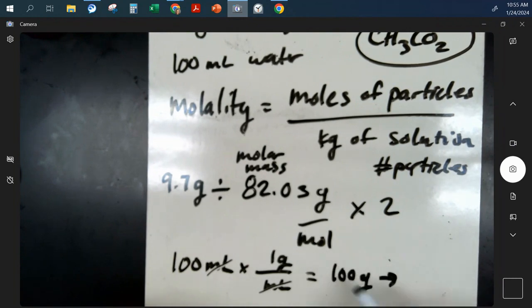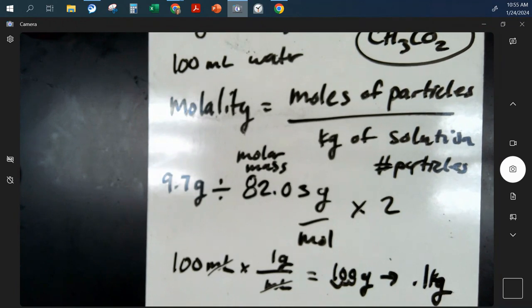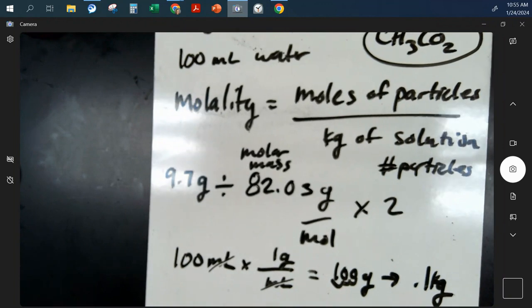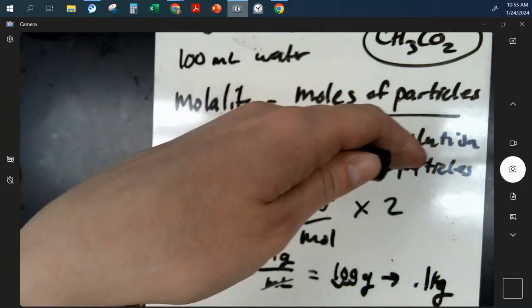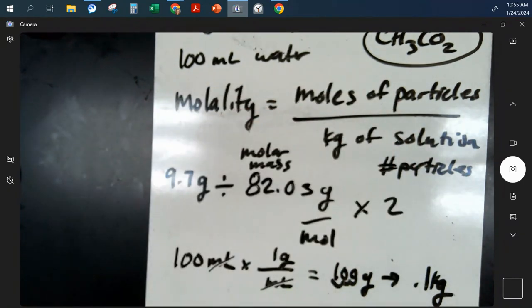And then to get to kilograms, I'm going to divide by 1,000. So 0.1 kilograms. I only have to do that 1 time. The bottom number is going to be the same for all of them. So if you're really paying attention, you don't really have to divide by that number every time. You can just look at the largest top number because you're going to divide by the same number every time.